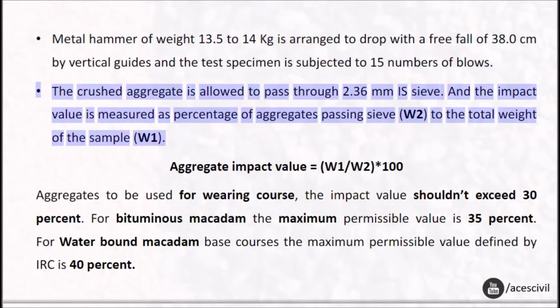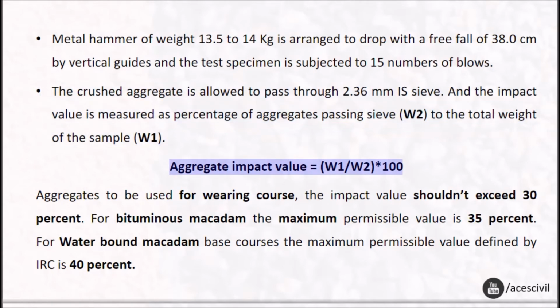The crushed aggregate is allowed to pass through a 2.36 mm sieve, and the impact value is measured as the percentage of aggregates passing the sieve, W2, to the total weight of the sample, W1. Aggregate impact value = W2/W1 * 100.